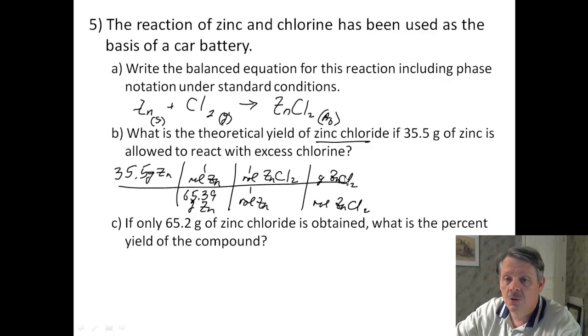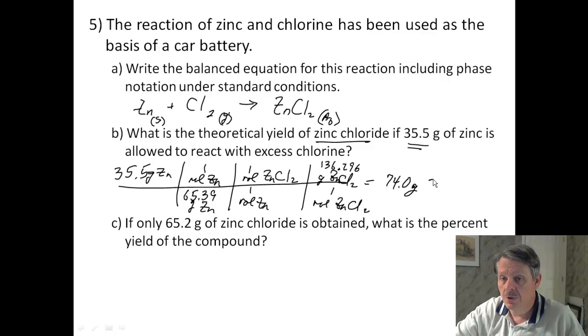Each of the chlorines is 35.5. So you get a total of 136.296 grams in 1 mole. When I do that math, I come up with 74.0. You'll notice 3 sig figs in the problem. 74.0 grams of zinc chloride.